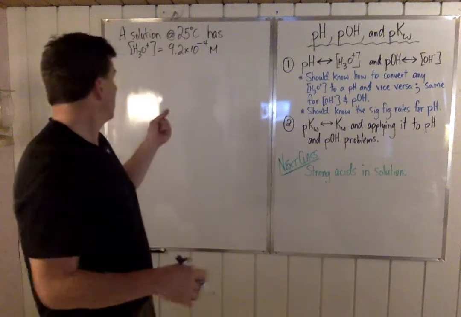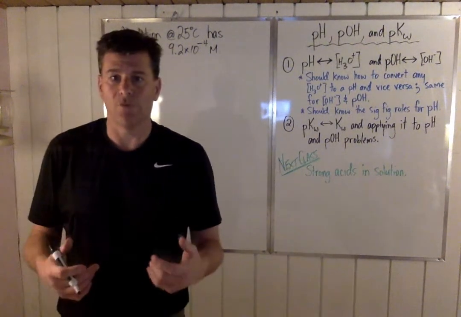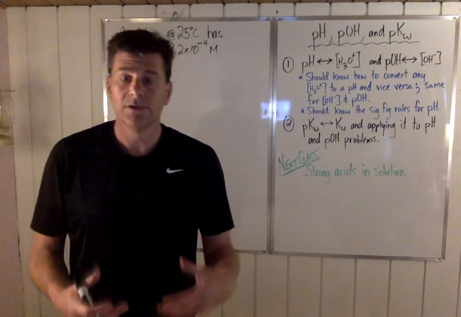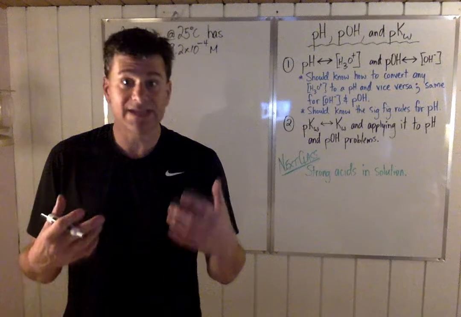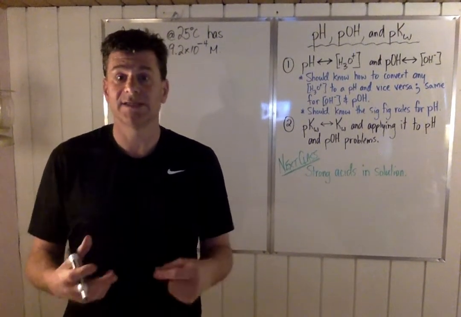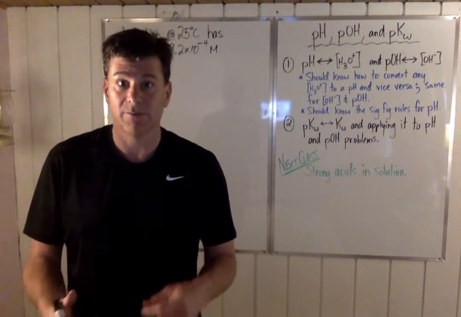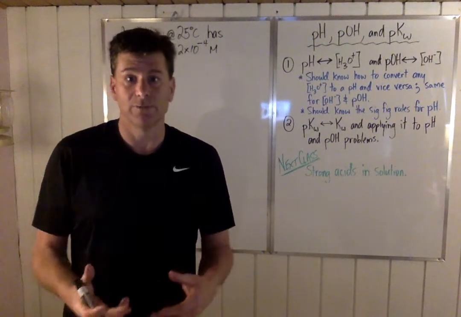So this solution that I've given you here has hydronium of 9.2 times 10 to the negative 4. That value is bigger than 1 times 10 to the negative 7, which is telling me that at 25 degrees, this solution is acidic because the hydronium has gone higher than what it was when it was distilled.